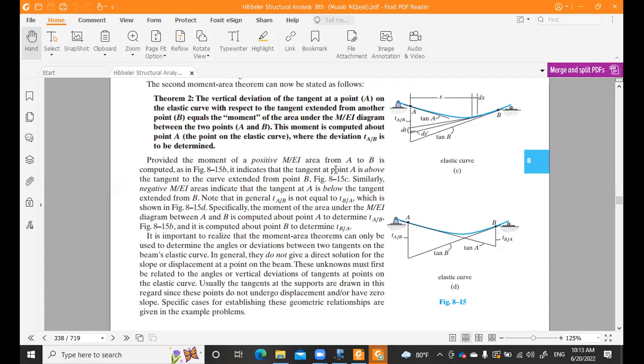In our case, when you consider AB, the B is below the tangent. If you consider CD, it is above the tangent.